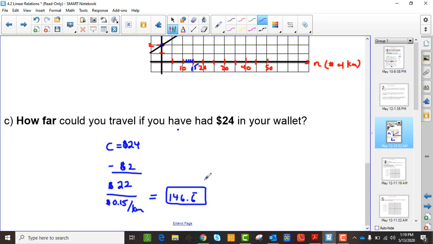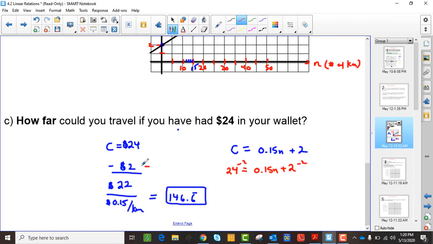Okay. So again, if we wanted to write an equation, and you would have done this a little bit in the previous video, cost would be 0.15 times the number of kilometers, and then plus $2. So if we want to do it algebraically, just to show you, I did this freehand a little bit. I would say this is 24, and that equals 0.15n plus 2. So then I would subtract 2 from both sides.